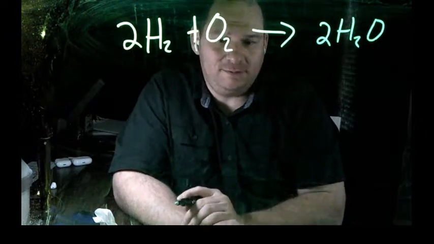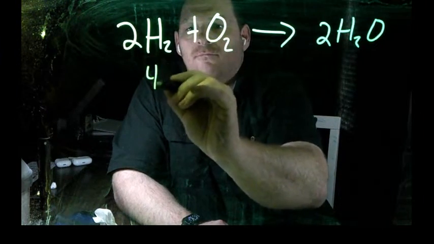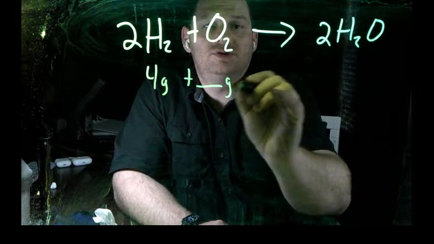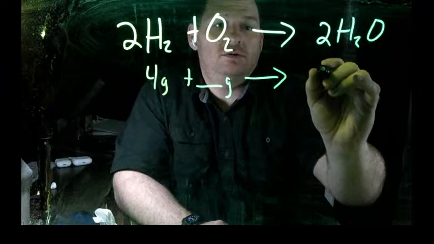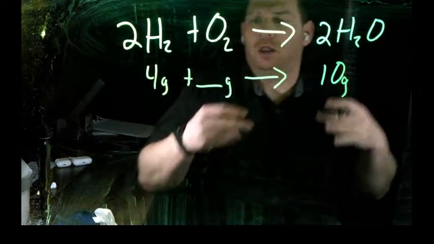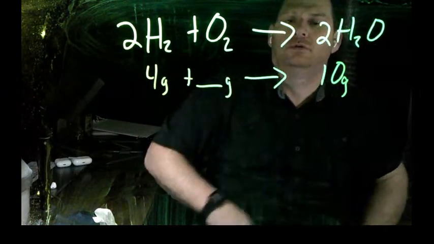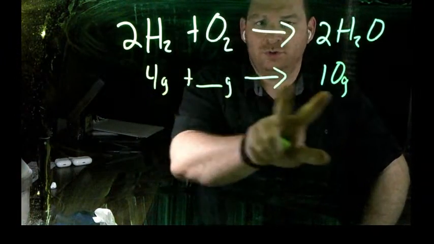But what if sometimes, and this just means mathematically, they throw 4 grams plus something grams is going to react and create, I don't know, 10 grams. Would you be able to solve this one too? Knowing the law of conservation of mass is what you start with is what you end with. Could you do this?